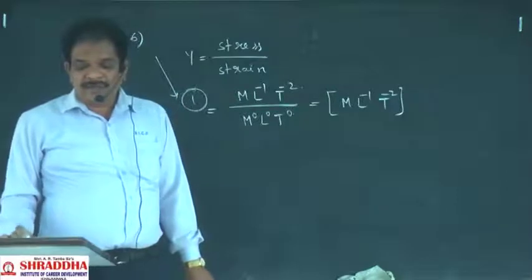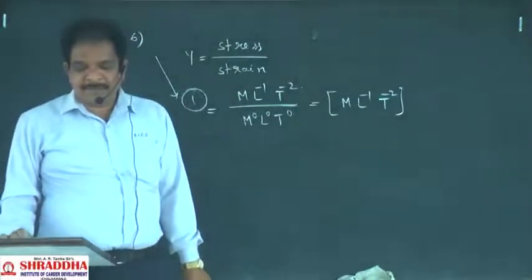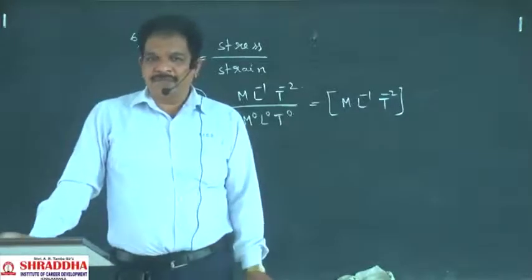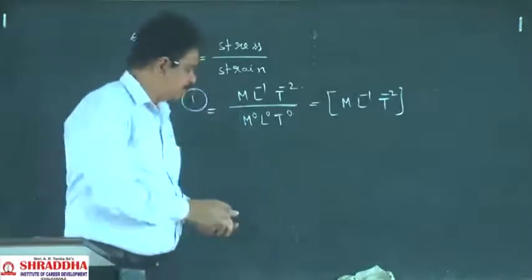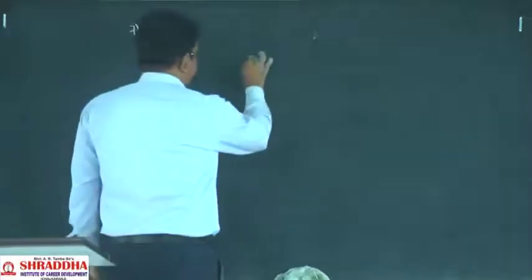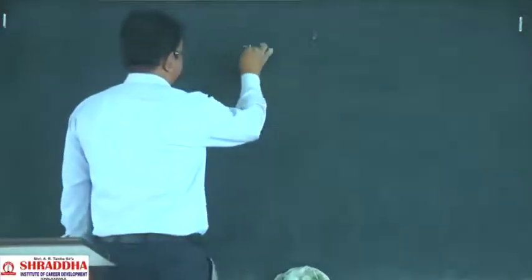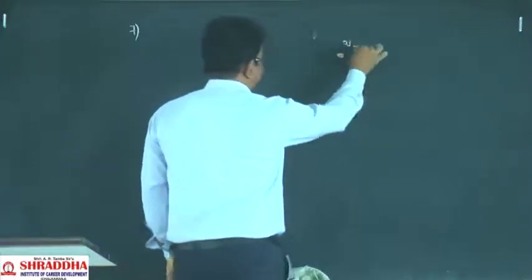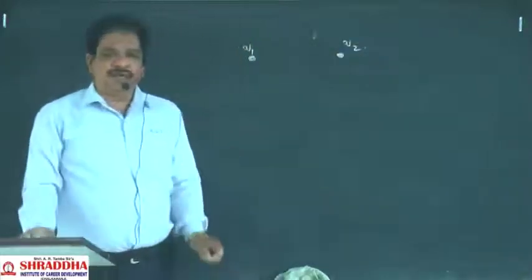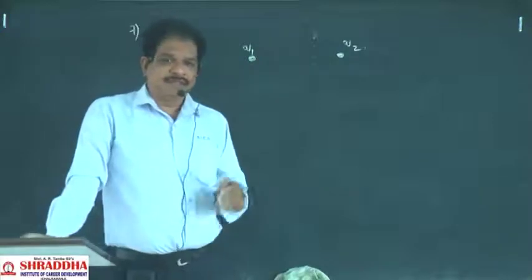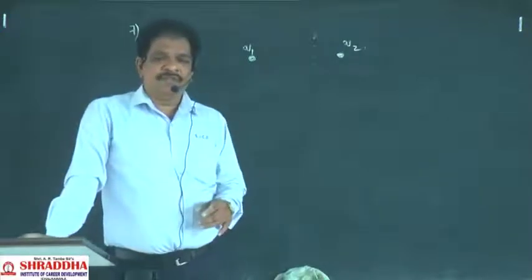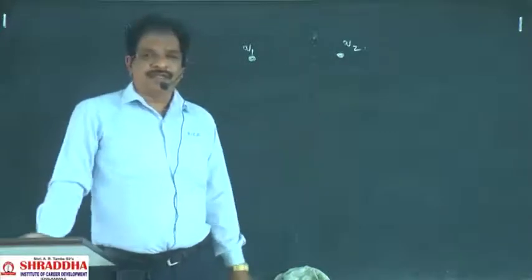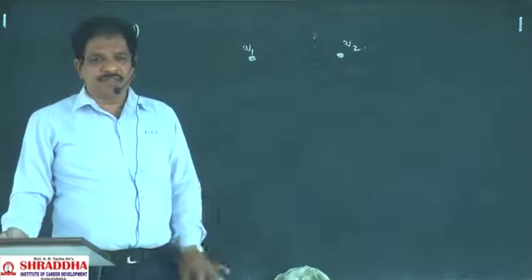Next, 7th. The unit of permittivity of free space is what? Permittivity of free space, what is the unit? Here one charge is there. Here another charge is there. If these two are like charges, they will repel each other. If these two are unlike charges, they will attract each other.